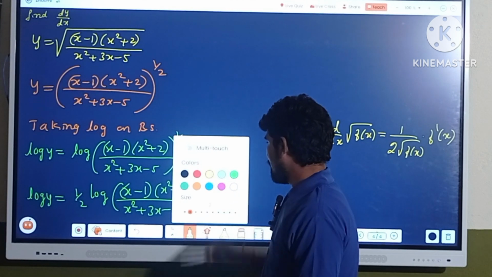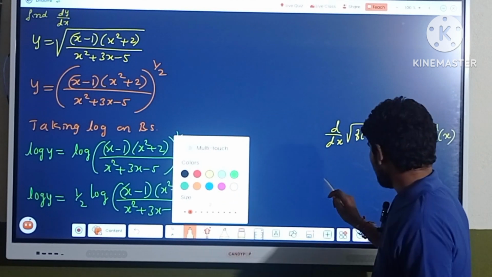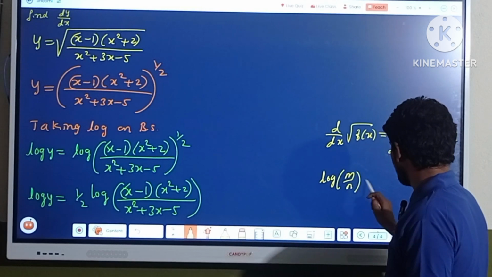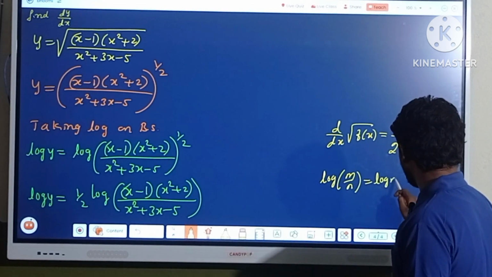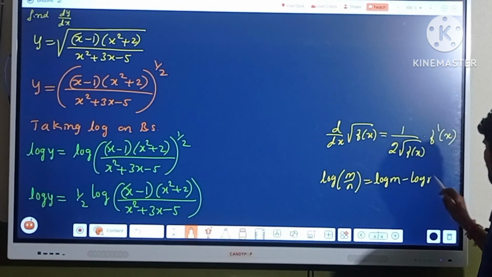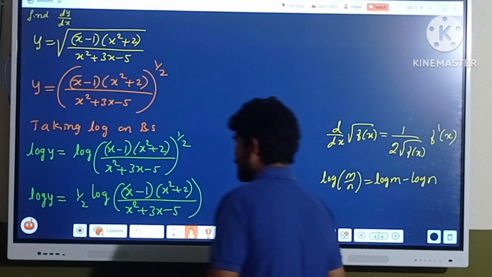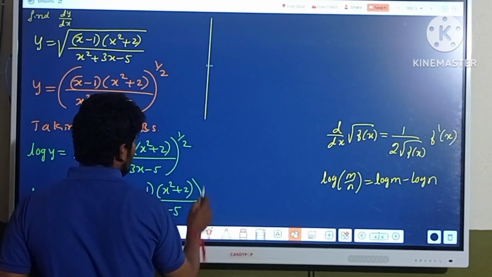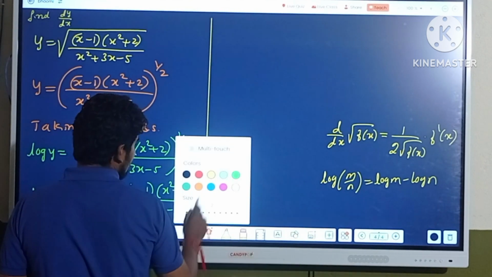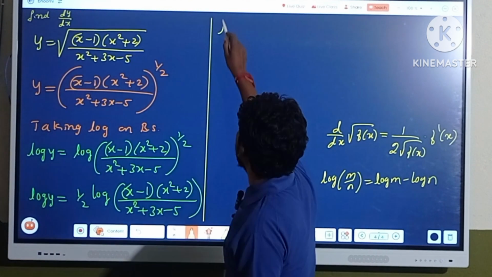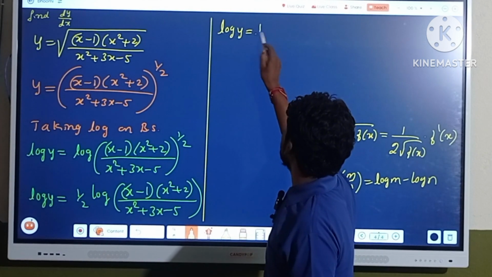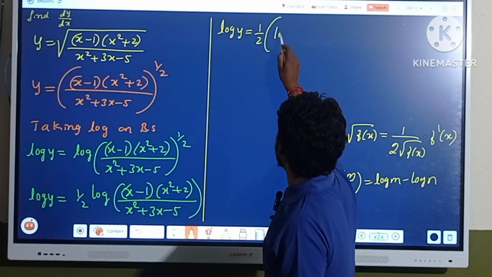Now, by using the properties of log, we know that log m by n is equal to log m minus log n. Therefore, log y can be expressed as 1 by 2 into log.